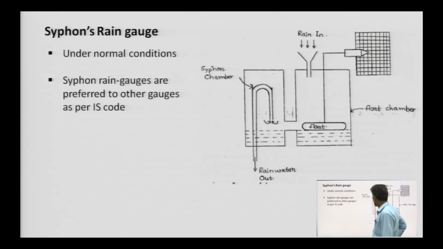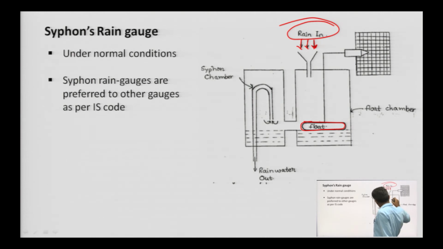Syphon's rain gauge, under normal conditions. This is a pointer attached with this floating body. Rain is coming inside through this funnel, and then it is coming to here.